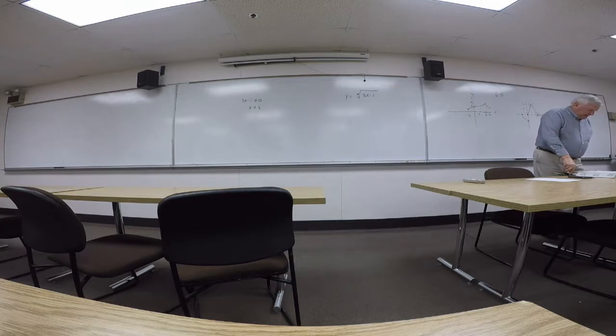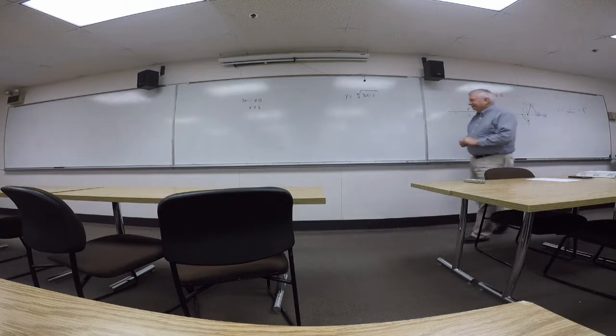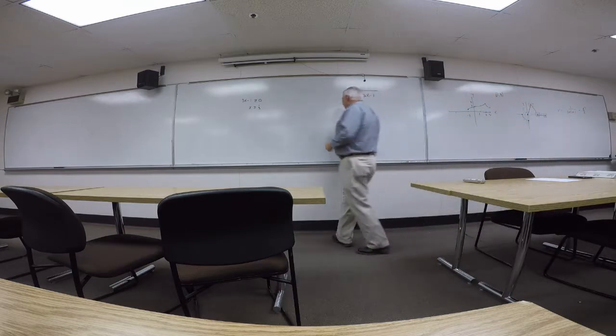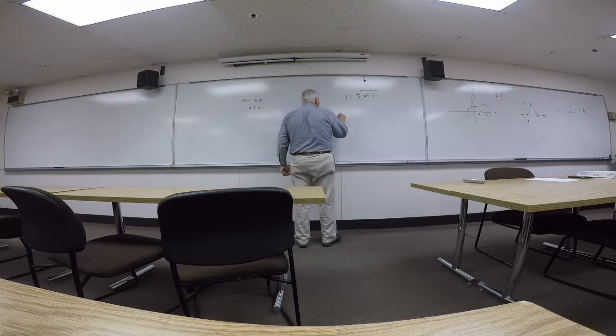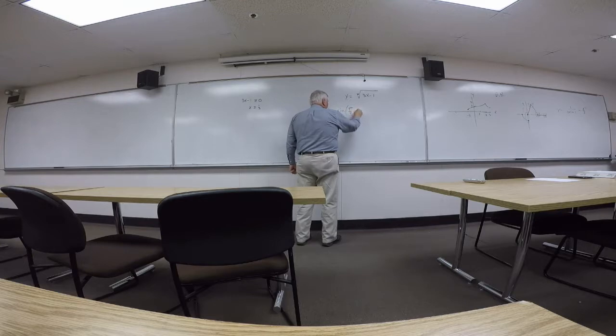Limit as t approaches 0 of the sine of pi over 2 cosine times tan. Y is equal to the sine of pi over 2 cosine t.